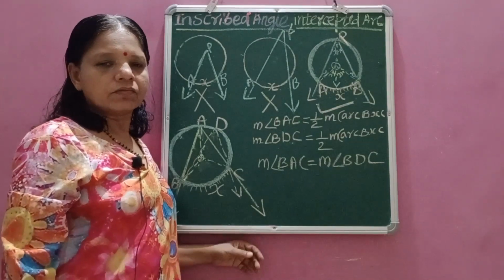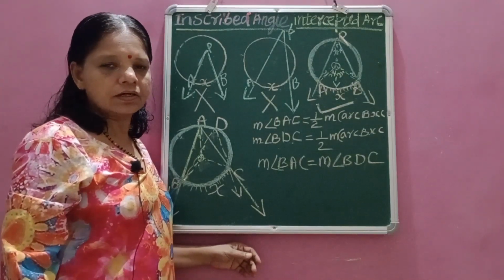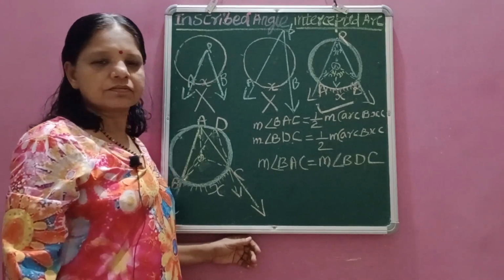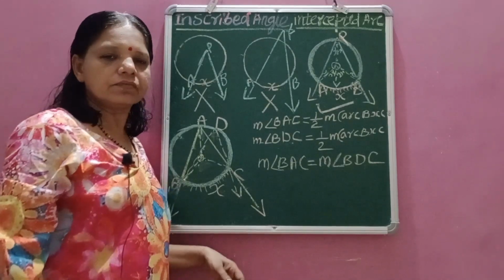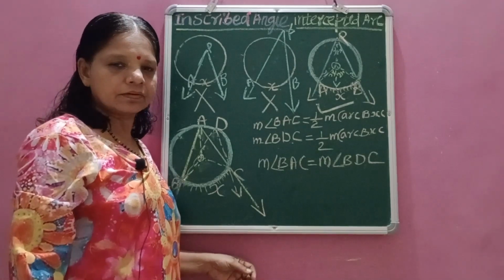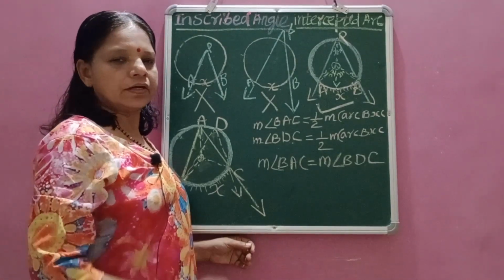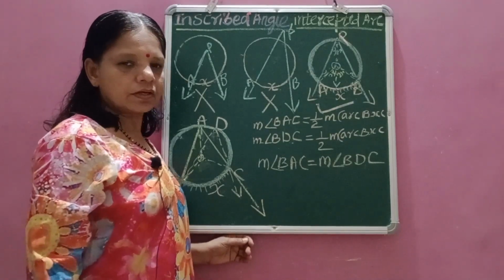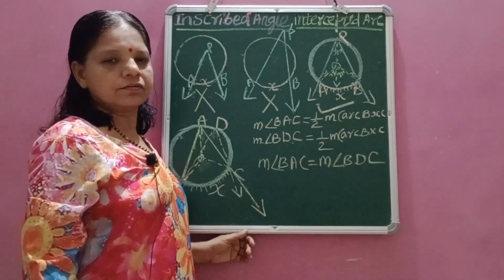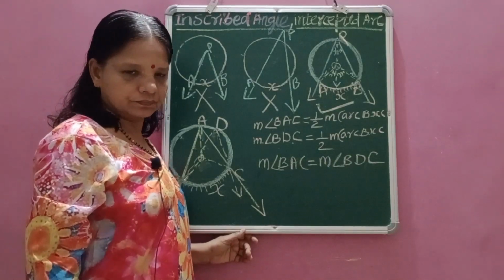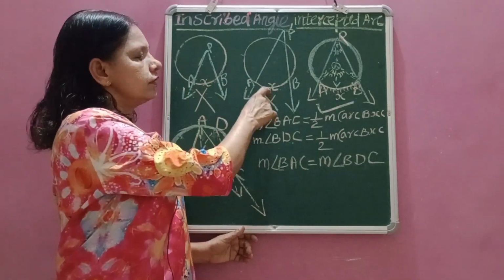So, what is an inscribed angle? If the vertex of the angle is on the arc in which it is inscribed and the endpoints of the arc are on the sides of the angle. These are the two conditions to be satisfied for an inscribed angle. So understood these two figures.